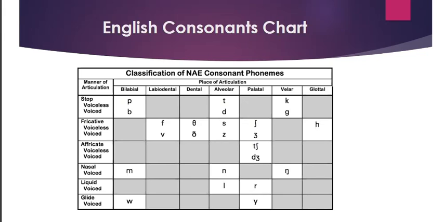When talking about words, by minimal pair we mean two words that are pronounced exactly the same except for one sound. They have the same number of sounds. Let's say, for example, cat and bat.